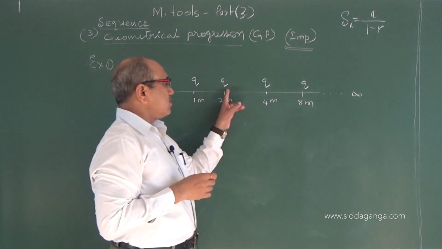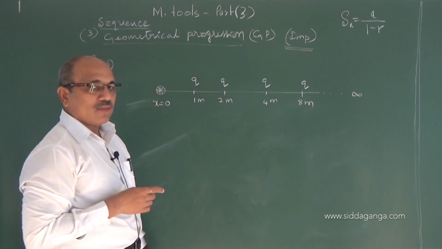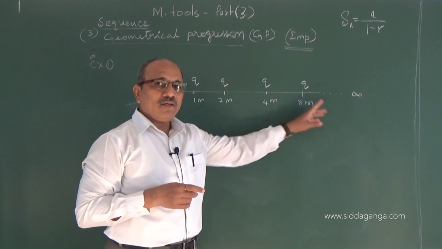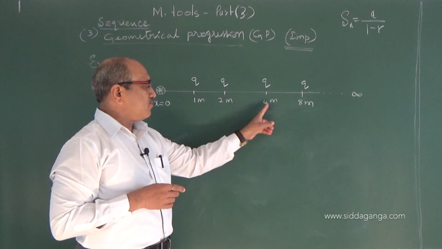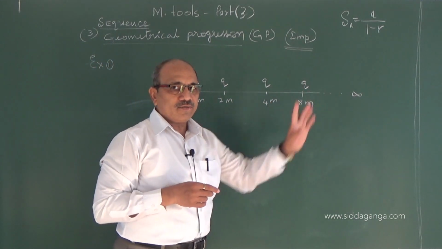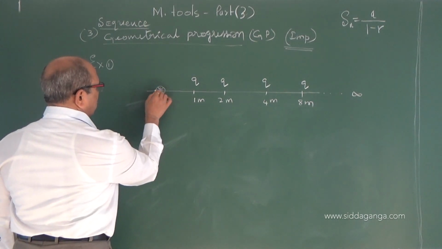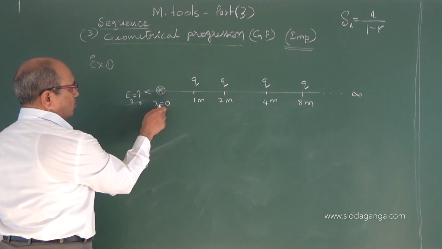So we place each charge of magnitude q at specific positions along the x direction, an infinite number of charges. The question is, what is the electric field due to these at the origin, at x equal to 0?